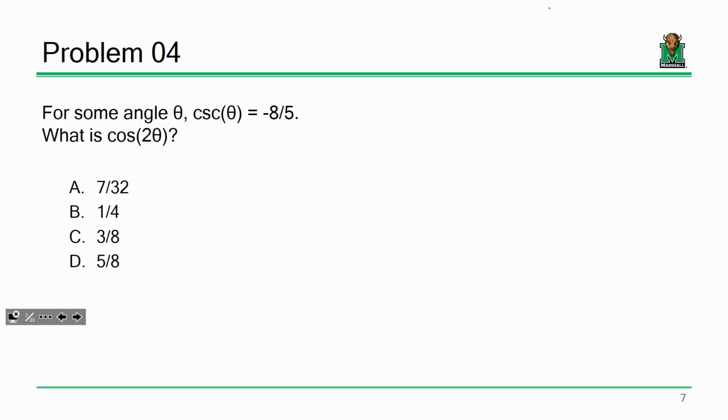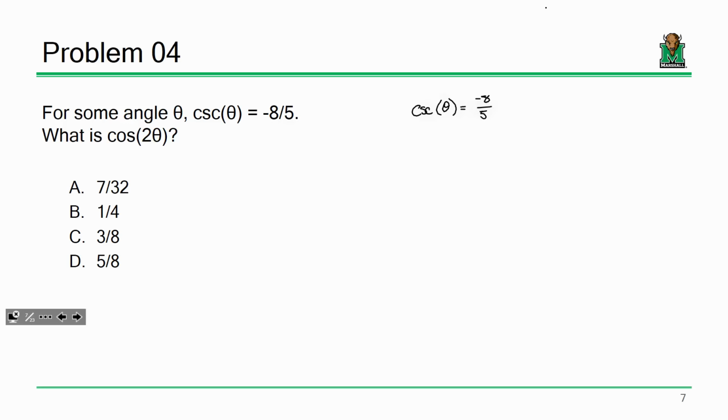Let's start off with what's been given. We've been given the cosecant of theta is -8/5. Now, cosecant is a term that we know. Is there a way that we can take that and turn it into sines and cosines?